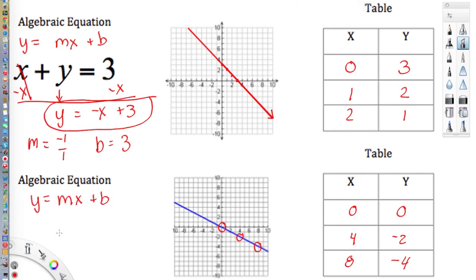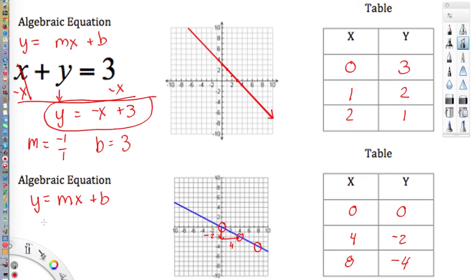Okay, so let's see if we can make heads or tails of this line. My slope looks like from here to here I'm going down 2, and then 4 to the right, down 2, 4 to the right.